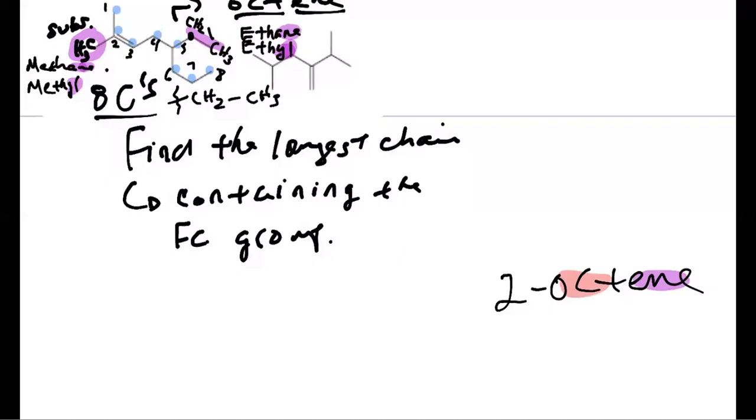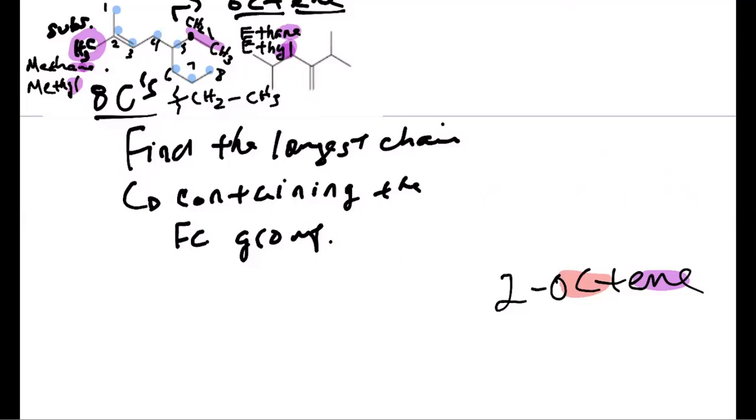All right, now we need to put the substituents in. Is that right? Because that's how you construct the name. The parent is the street, the substituents are the residents, and the numbers with the substituents are the addresses. So the methyl lives at carbon 2, the ethyl lives at carbon 5.